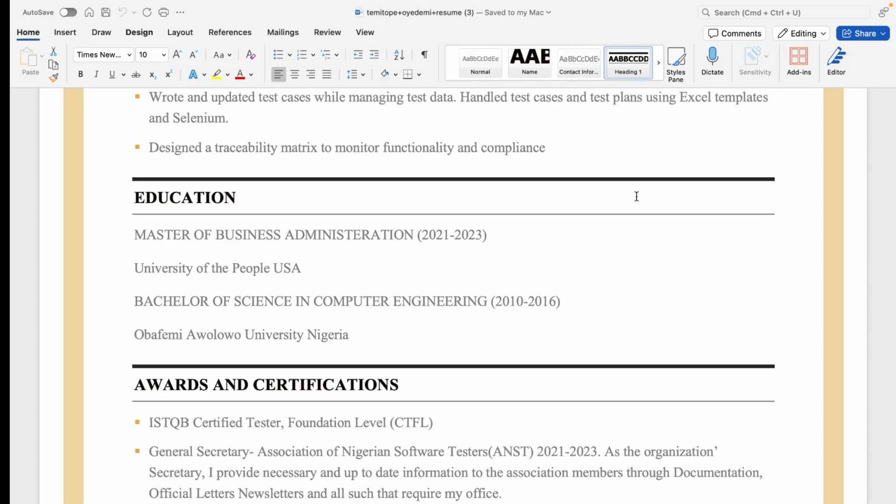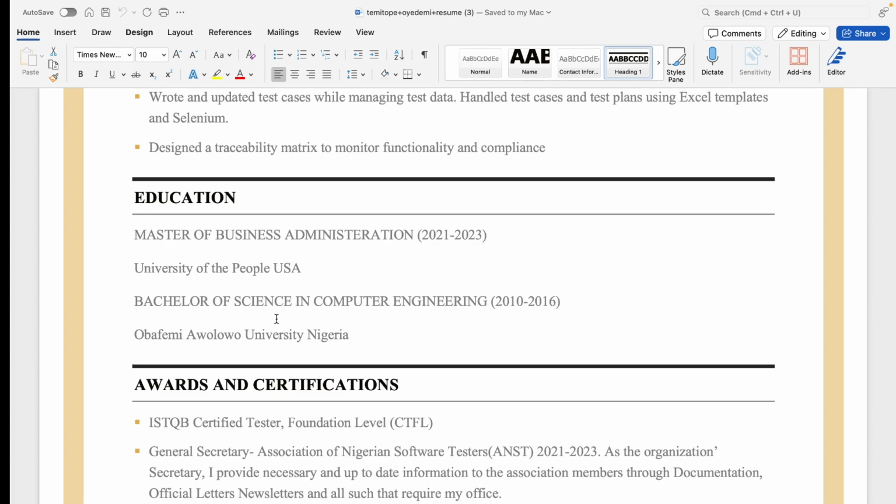You put that first. You also indicate the year, that is the starting year and the ending year, and the name of the university, including the location and country of the university, right? So you indicate that. This should be followed by any other education that you have acquired, right?